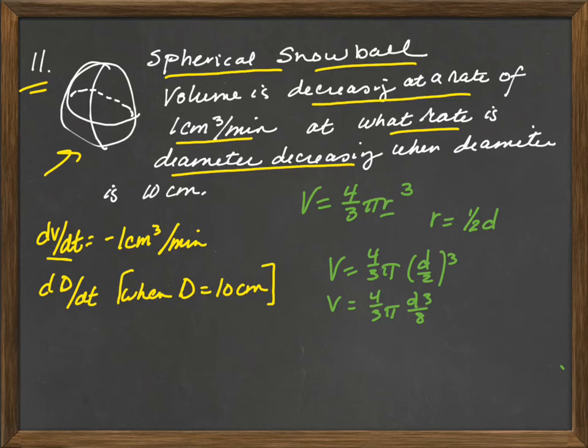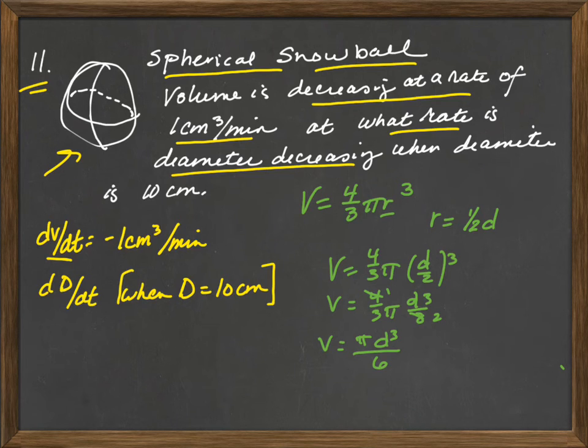So hey, let's simplify this. That would be 1 and 2. So I think I get pi d cubed over 6. So let's go with that and see how that works. If not, we'll go back and redo it.